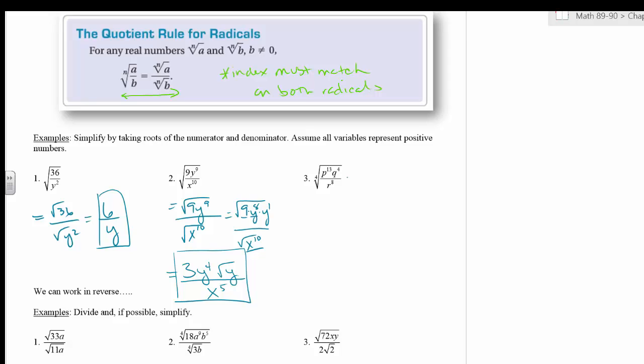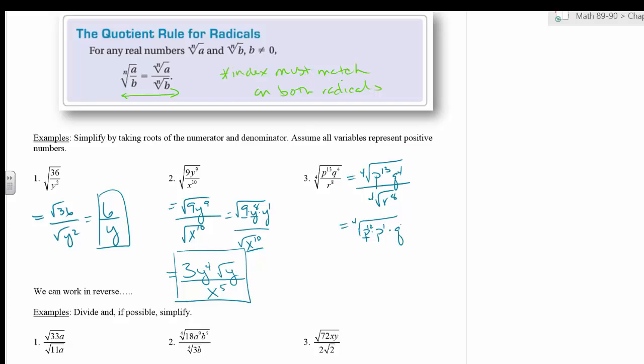For number 3, we're looking at the 4th root now, so we have the 4th root of p to the 13, q to the 4, all over the 4th root of r to the 8. Well, 4 does not go evenly into 13, so we have to factor p to the 13. We look for the largest multiple of 4 inside of 13, which is 12. So we factor as p to the 12 times p to the 1, where p to the 12 is a perfect 4th power.